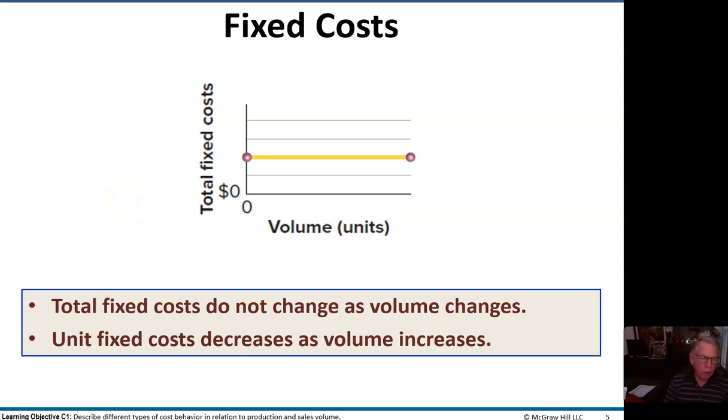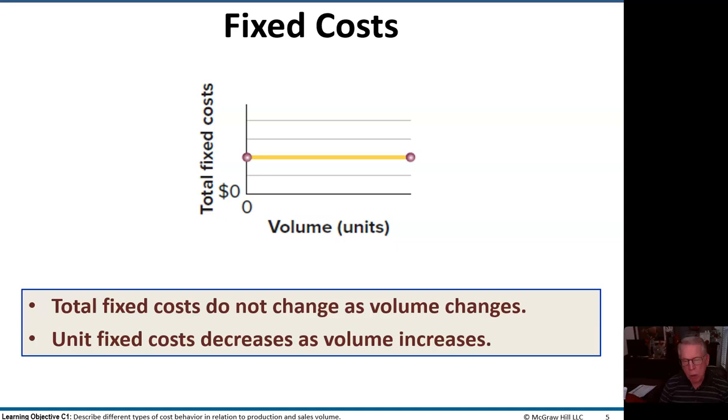Unit fixed costs will decrease as volume increases. So in this case, I think you can see fixed costs would be things like rent on the building. We're going to have the same amount of rent every month. It doesn't matter if we make 1 unit or 100 units.